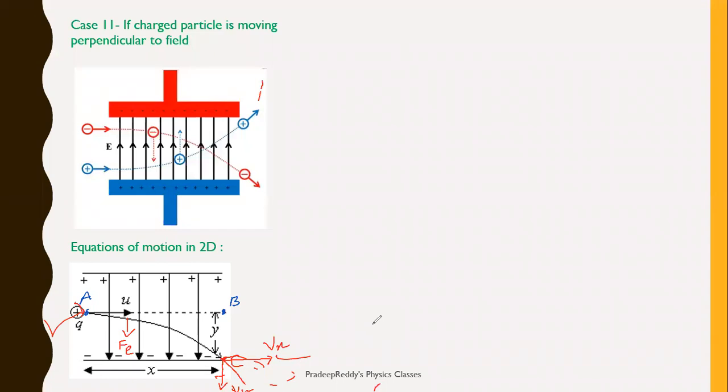Now, I have already told you the velocity equations. The initial velocity of the charged particle is u along the x-axis. The velocity finally will be u along the x-axis, i cap, plus Vy, j cap.